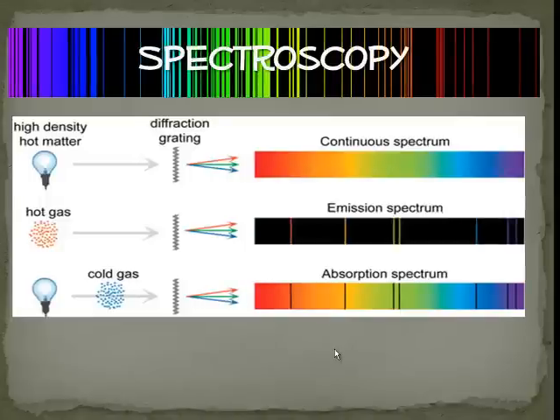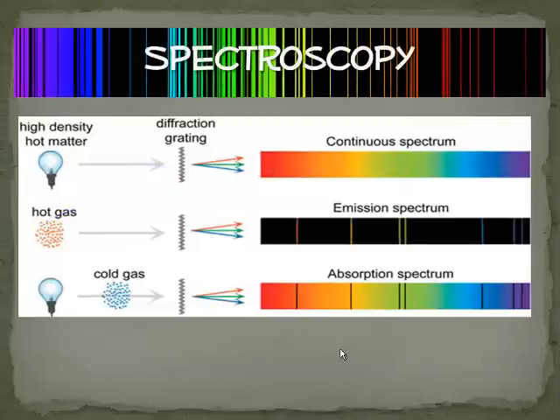In this first example up here on the top, if you have for example, a solid metal filament inside of a regular old-fashioned light bulb, that object produces a continuous spectrum when the light from that object is passed through a diffraction grating. A diffraction grating is basically a piece of plastic that has thousands of little ridges in it, and it's a technological advancement that replaces a hunk of glass called a prism that was pretty uncomfortable to carry around in your pocket.